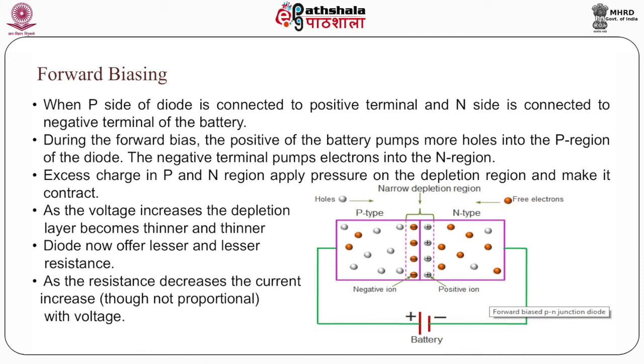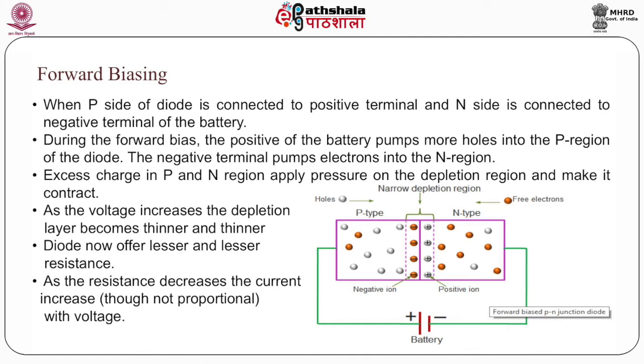The negative terminal also starts pumping electrons into the N region. Both these excess charges in the P and N type regions put pressure on the depletion layer, which was already there but hardly of any width, and make it contract further. As the voltage increases, the depletion layer becomes thinner and thinner, and hence the diode offers less and less resistance.